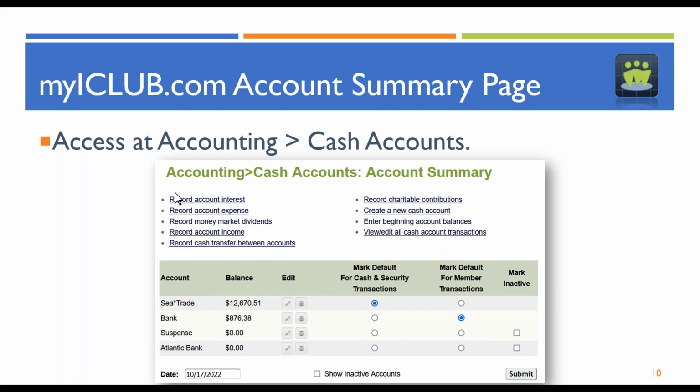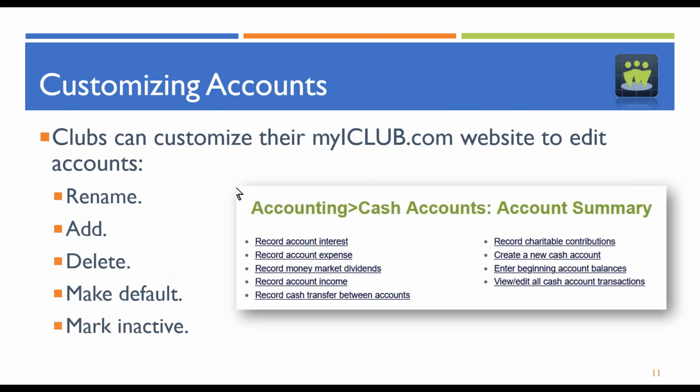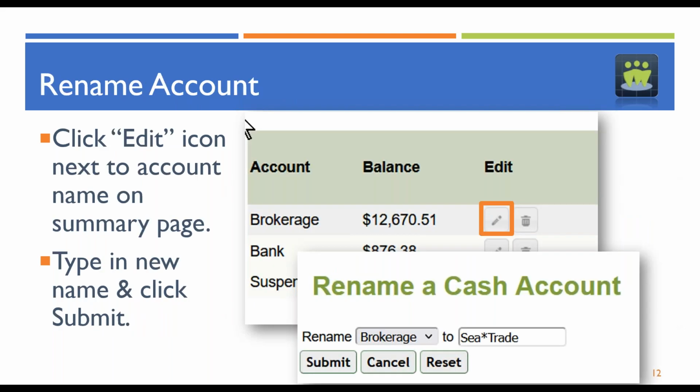It's more the right-hand column there, the new cash accounts, the account balances, editing the transactions, editing the accounts even. So in this overview, we'll zoom in a little bit and be talking about renaming, adding, deleting, and changing around the default and inactive accounts.